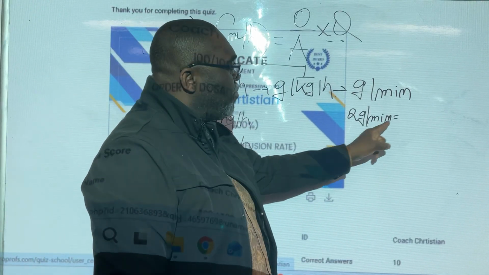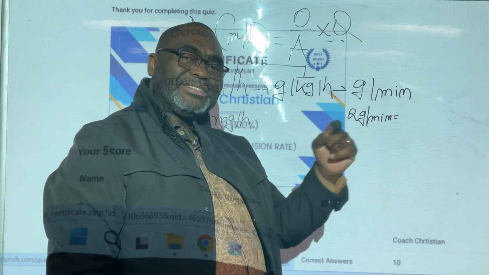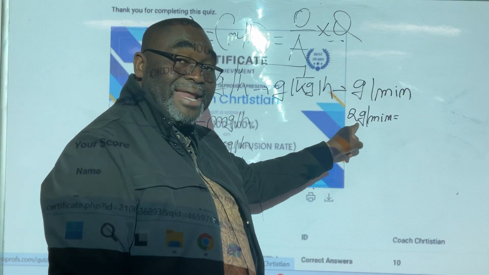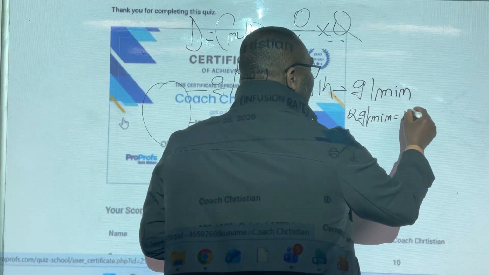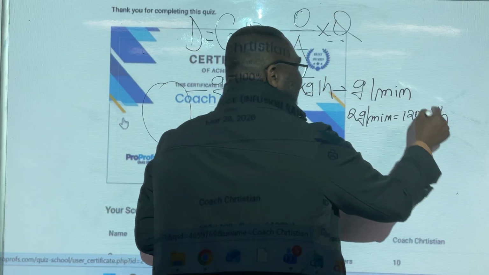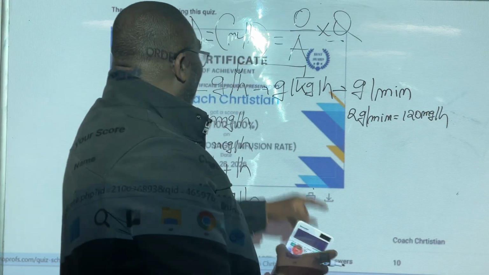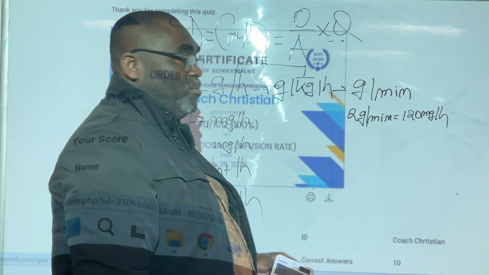If you got gram per minute, you cannot use it like that because your pump is per hour. Multiply the number on the top by 60. By doing that, you will have 120 milligram per hour. Now you're going to use that number, multiply it by quantity divided by available.